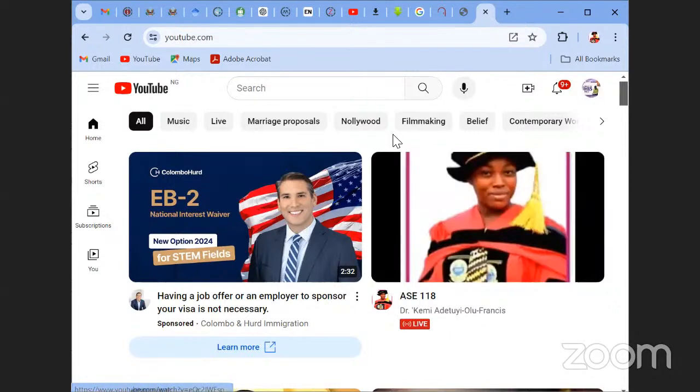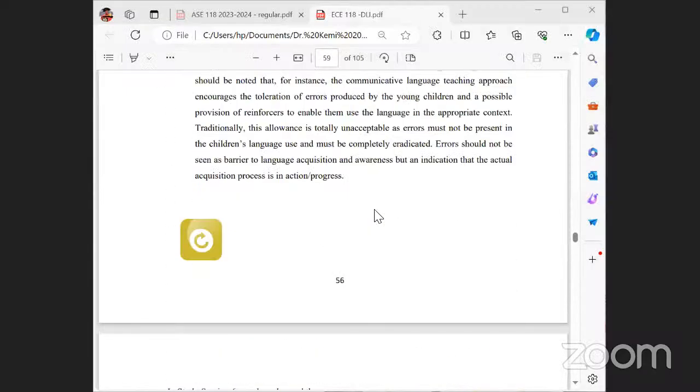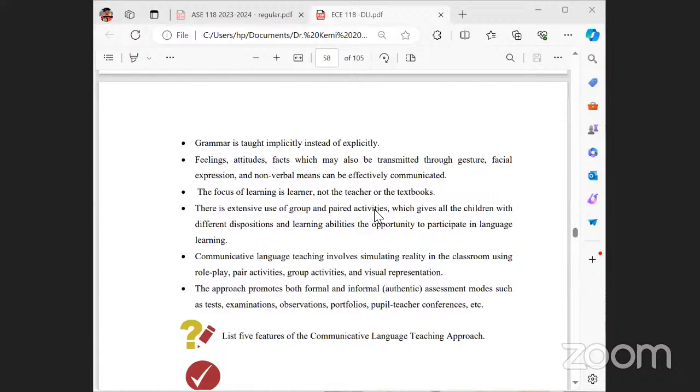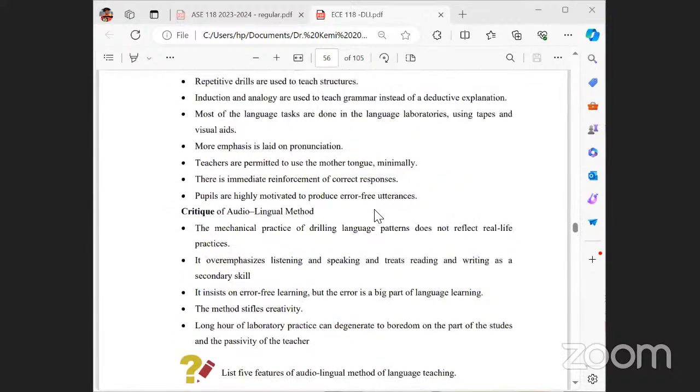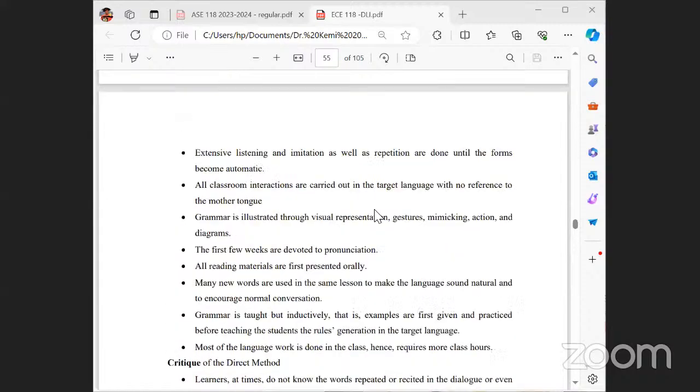It shouldn't be. So let me share. I stop sharing now. I'm going to start sharing again so that we have the right thing. Sorry, what can you see now? We can see the module, ma'am.